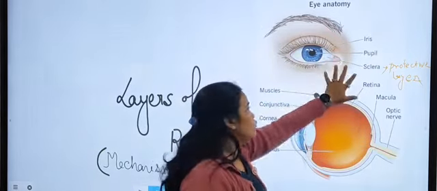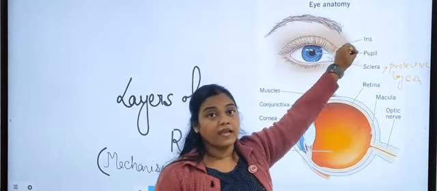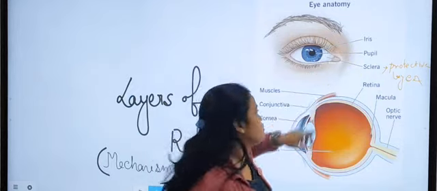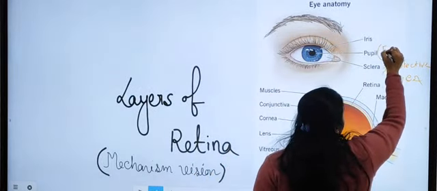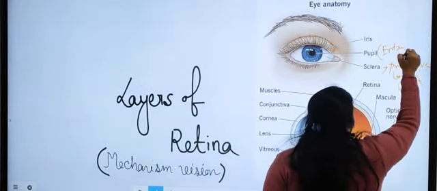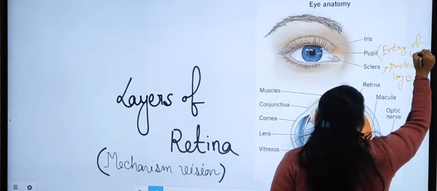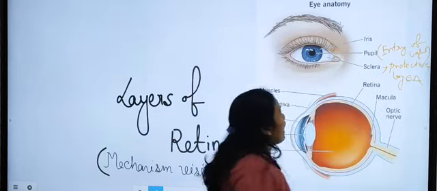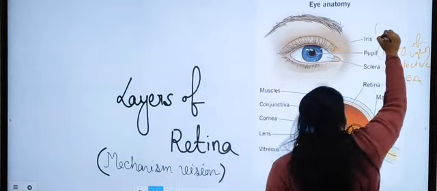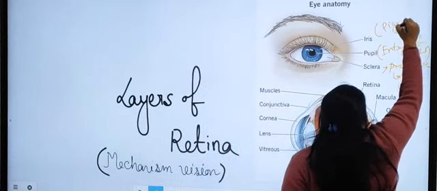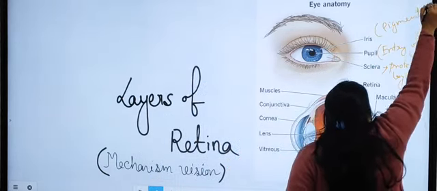Next, pupil. Through the pupil, what happens? Light enters inside the eye. So we can write entry of light, and the iris is the pigmented part.